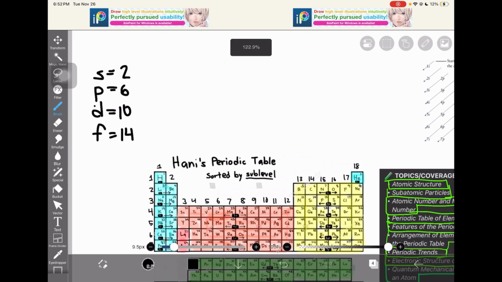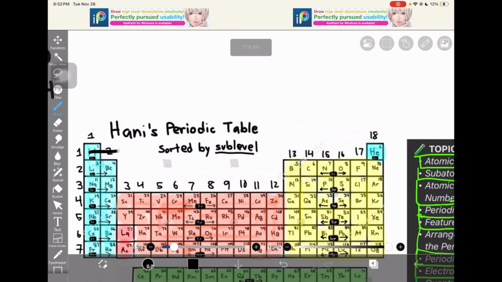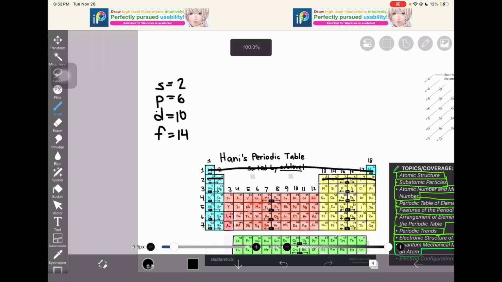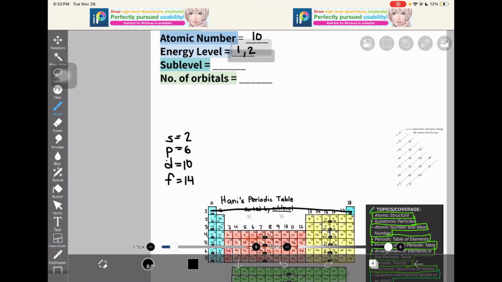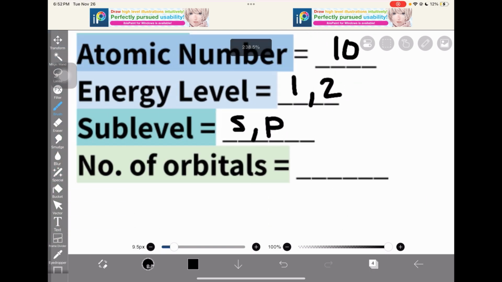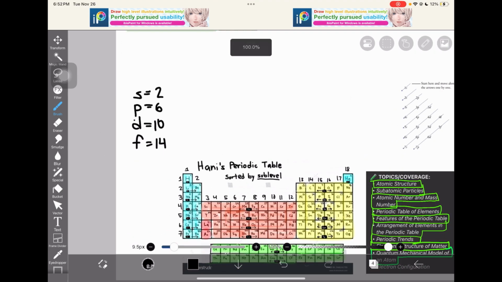Sublevels. Let's do the same thing again. We pass by a letter S, so hydrogen, helium. Then we pass by 2s, to lithium and beryllium. Then we encounter a new letter, 2p. That means the sublevels are S and P. Then we want to check the number of orbitals.